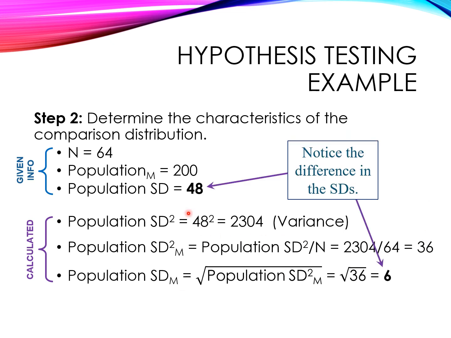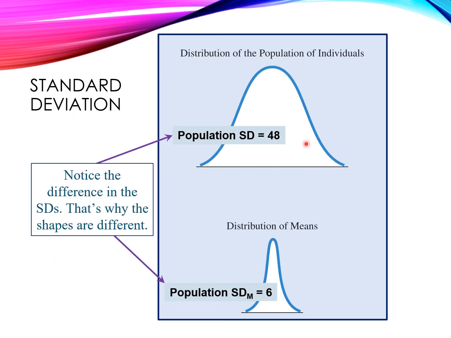Okay, notice the differences in the standard deviations. Do you see that? 48 in the distribution of individuals compared to 6 in our distribution of means. Very different. And so I wanted to show you the difference in those shapes.